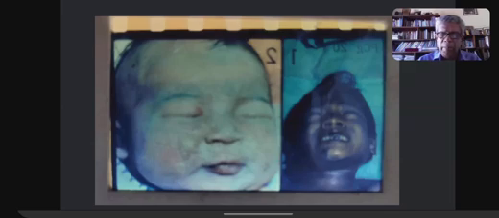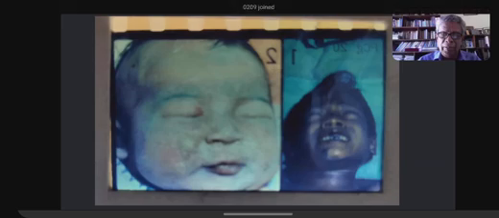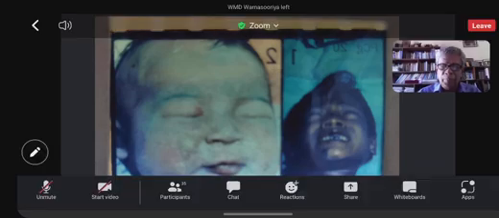Both have the same condition and show the same physical sign, which has a descriptive term, in Latin. Who can tell what the condition is and what this descriptive term is?